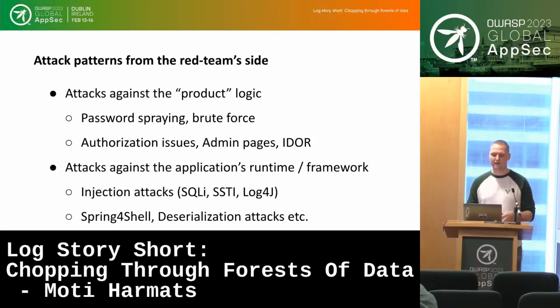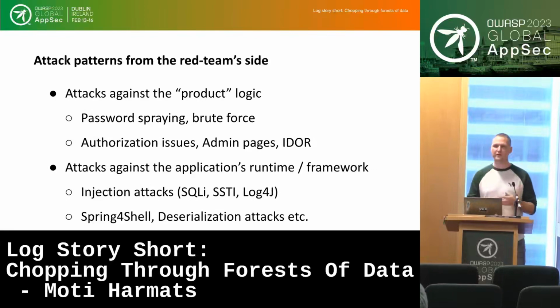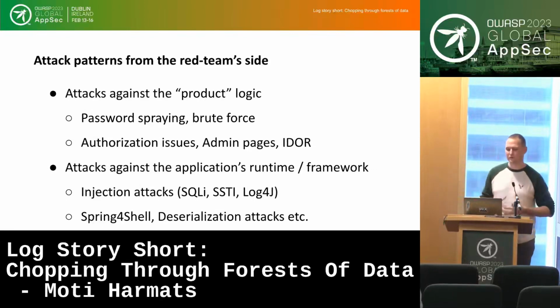And there are attacks against the runtime itself, things like SQL injection, SSTI, Log4j, things that the developer or the product, the person who developed the product in general, he didn't think about it and he doesn't really know about it. Things like Spring4Shell, deserialization, etc. And these types of attacks create different signals that we can use, signals that we can see in the logs.